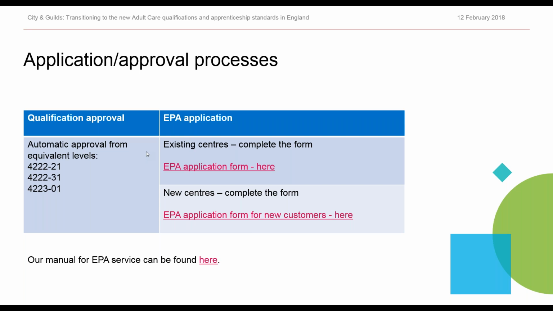We have one for existing centres and one for new customers. So you would be able to use these links to identify those forms and complete them and send them back to us. We've also just published a manual for endpoint assessment services, which can also be found on our website.